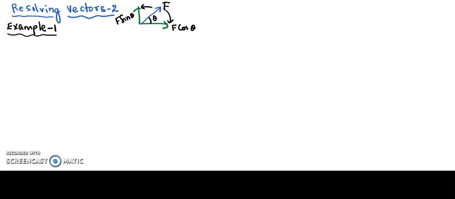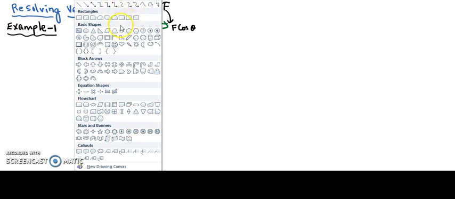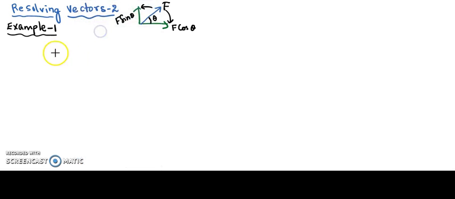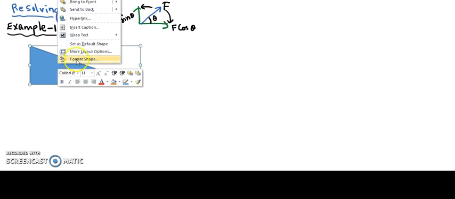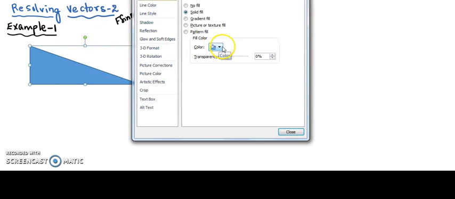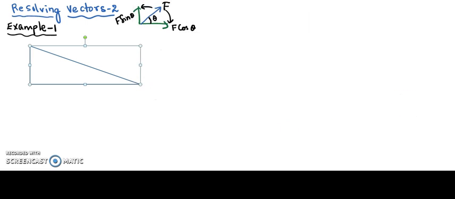So I'll just insert a shape here. Let's say I will insert a triangle here, something like this. And I will just format it and remove the color, no fill. Okay, close. Fine. Now let us begin again.